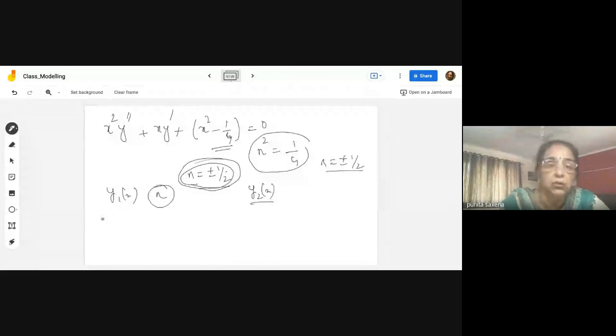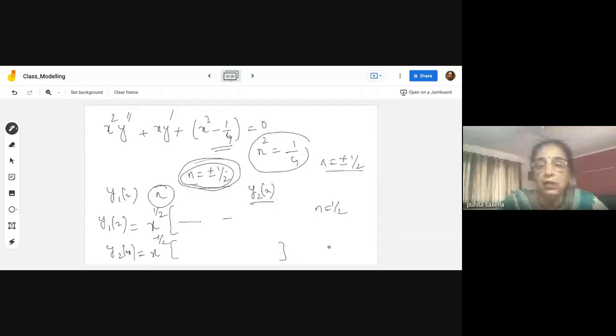Okay, so in this case your y1(x) is going to be x to the power half into, and again in the equation that you are getting you can substitute n equal to plus half there. Okay, and in y2(x) again you are going to get x to the power minus half, and then you substitute n equal to minus half here, and you will get the two solutions.